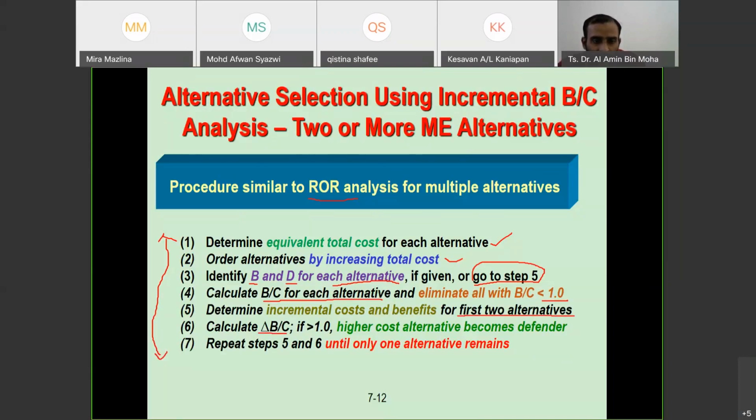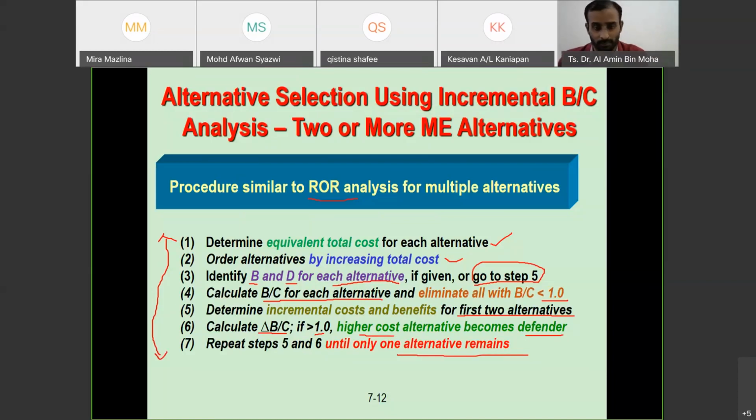If it's greater than 1, the higher cost alternative becomes the defender. So we choose the higher cost alternative to become the defender. We repeat the steps until only one alternative remains. Whichever alternative remains at the very last assessment, we're going to choose that.